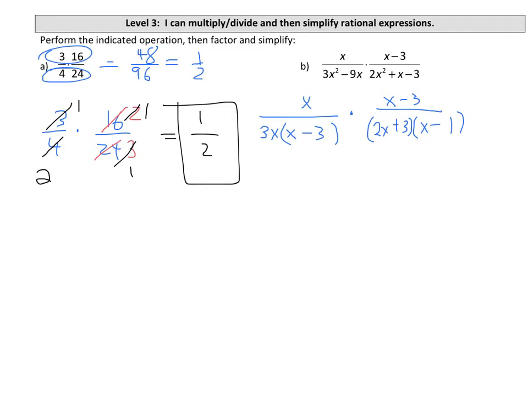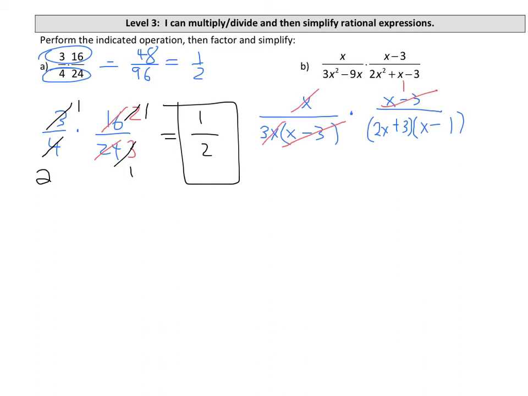And then I check and see what can be canceled. I have an x minus 3 on the bottom of the left fraction and an x minus 3 on the top of the right. Those can be canceled, leaving me with a 1 on the top of the right fraction. We also have an x on the top of the first fraction and an x on the bottom of the first fraction that can cancel.